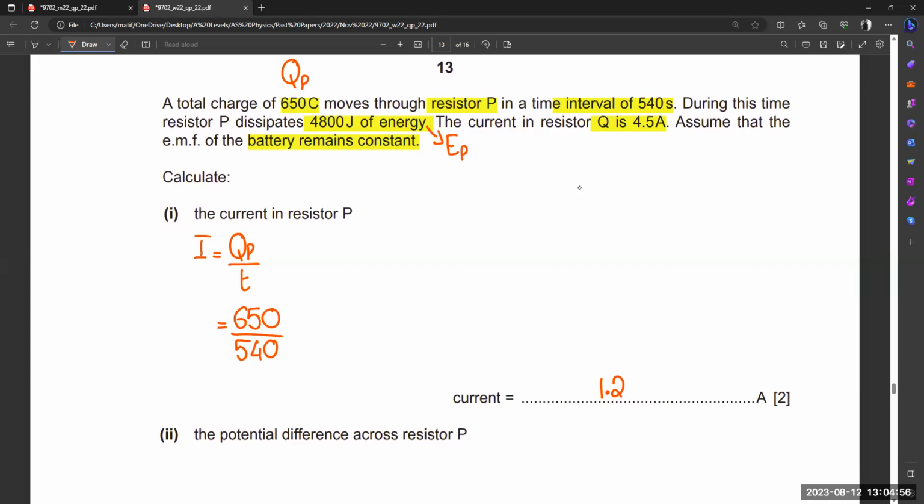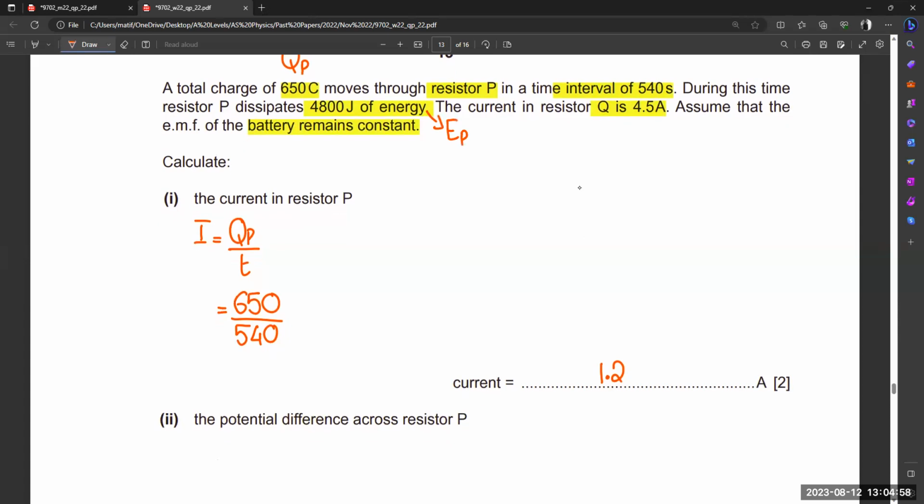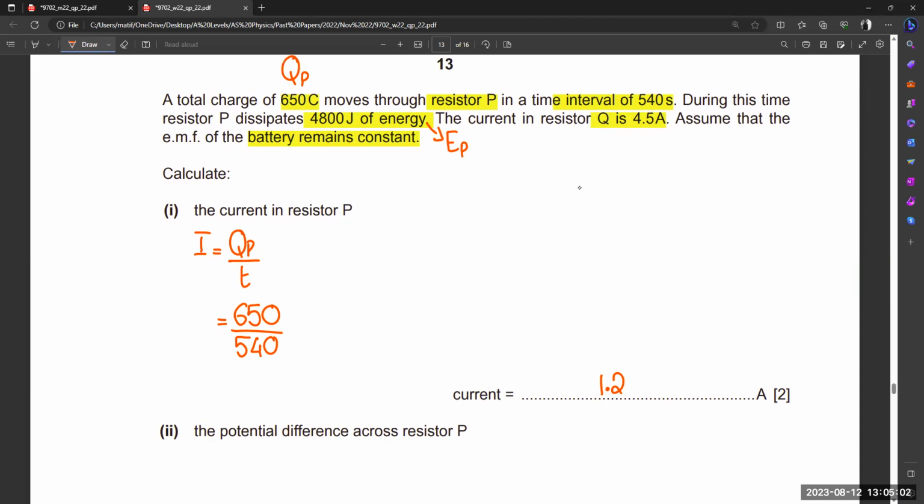And if we want to find the potential difference, it is basically the volts, right? So V equals energy divided by I multiplied by T. Energy is 4800, and we're going to divide that by 1.2 multiplied by 540.